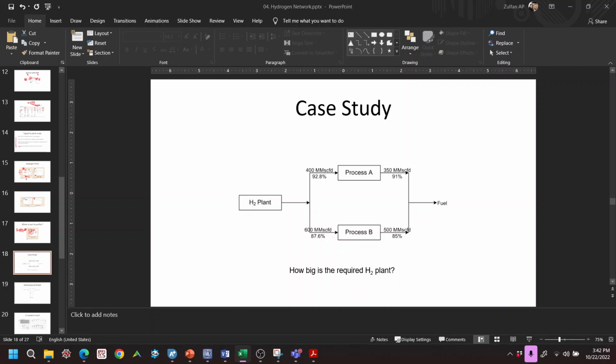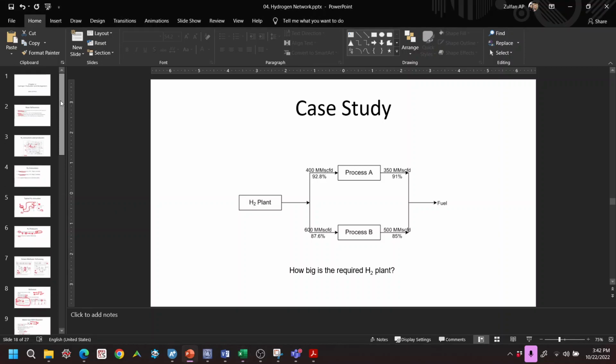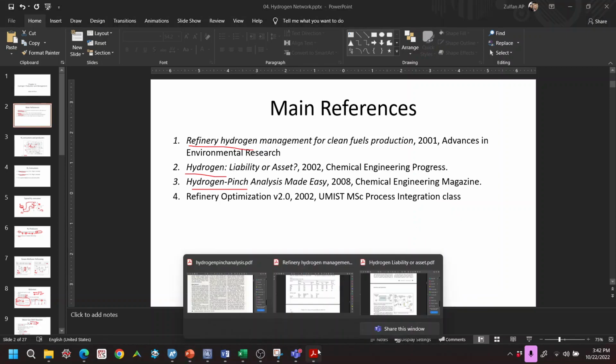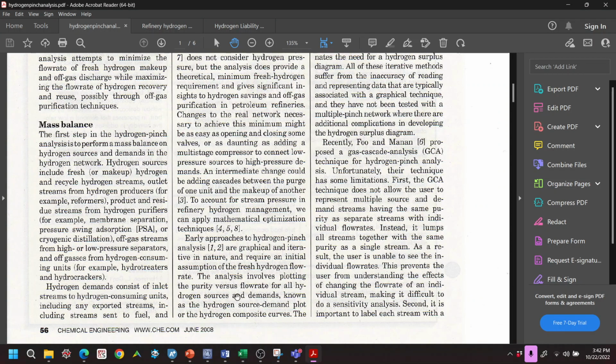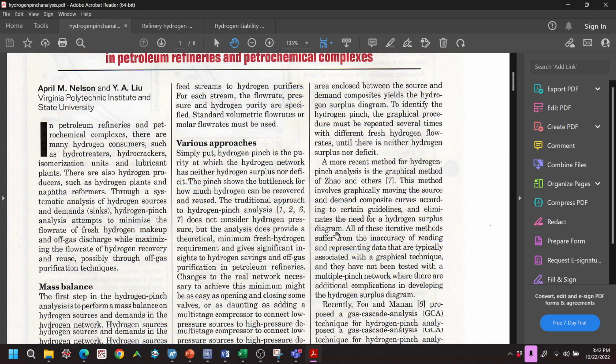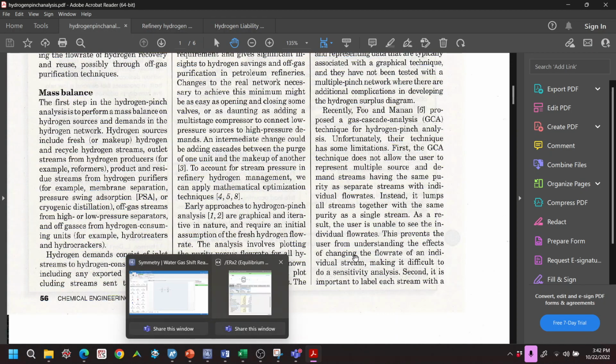If not, then I have this here. I opened the article already, on hydrogen pinch. I don't know if you can get this article; I got it somewhere, from a long time ago, 2008.